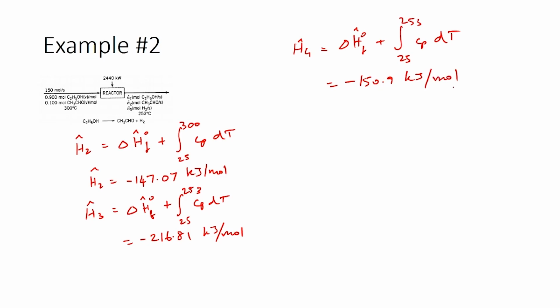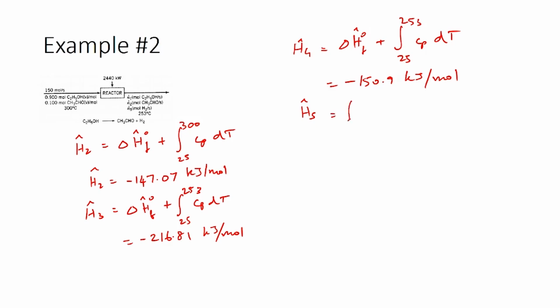The last specific enthalpy that needs to be calculated is H5 cap. So, this is for hydrogen. Here hydrogen is an element which means it would not have any heat of formation. So, the only process you have is heating the hydrogen gas at 25 degrees Celsius and 1 atmosphere, which is the reference state, to 253 degrees Celsius which is the final condition.